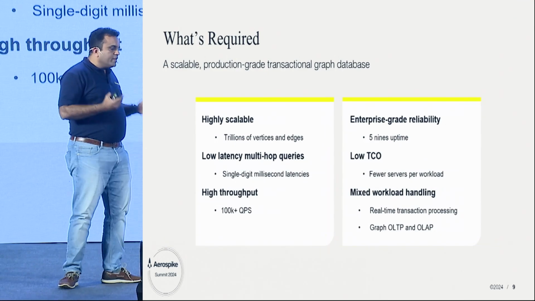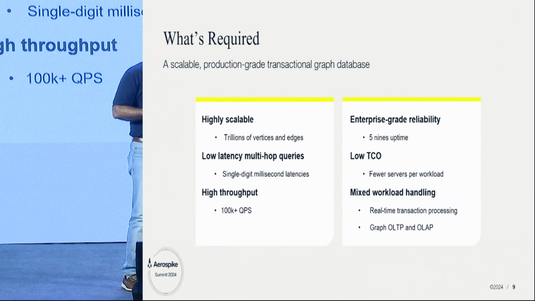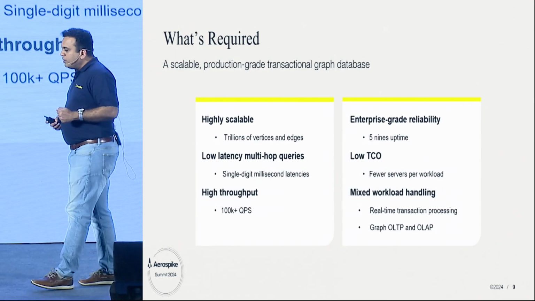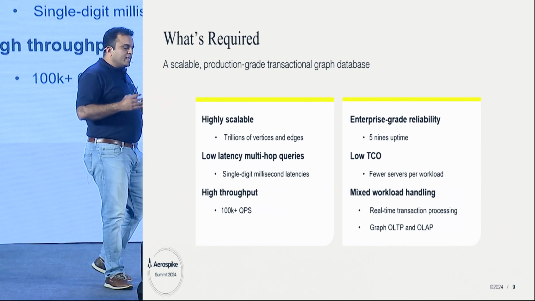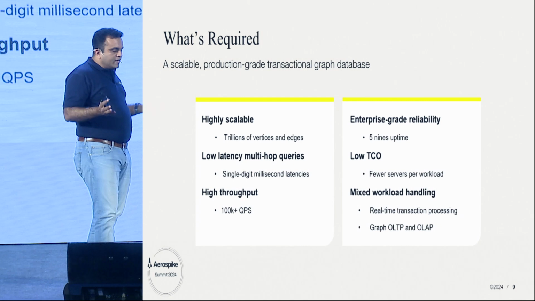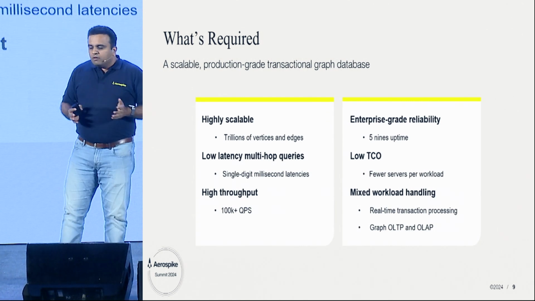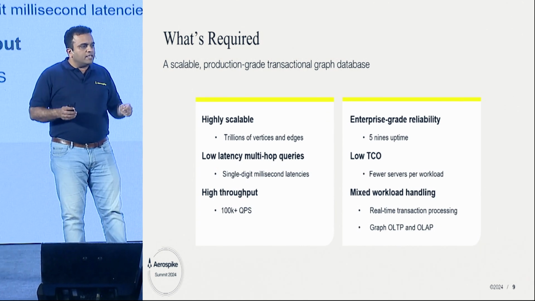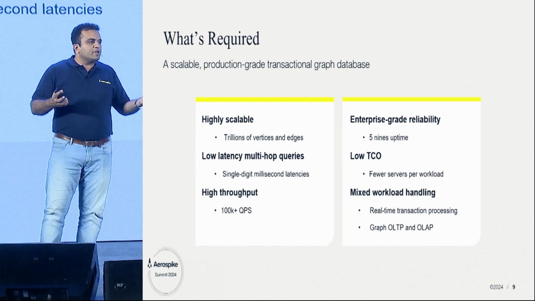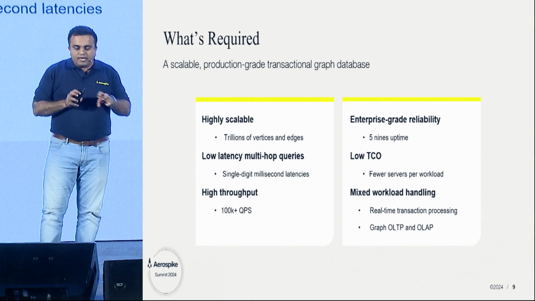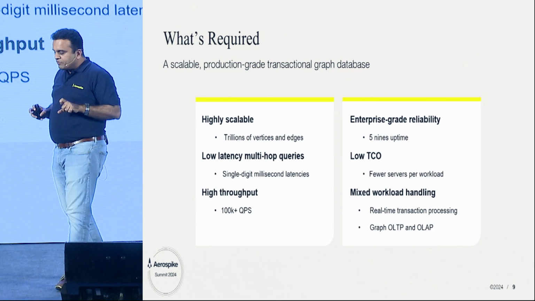So what's actually required to address these kinds of industry use cases that we spoke about? You're looking for a highly scalable graph system. When I say highly scalable, there are multiple dimensions around it. You're looking to store not millions, but billions, trillions of vertices and edges. That's a typical graph schema, key characteristics or key elements of a graph schema.